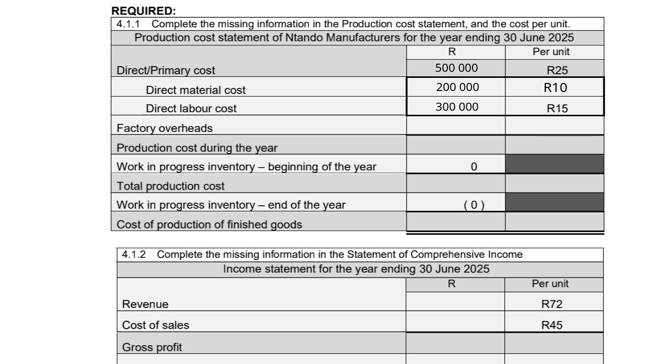Our factory overheads is 400,000. So our production cost during the year will be 500,000 plus 400,000, which is 900,000. So our total production cost is 900,000. Our cost of finished goods is 900,000.